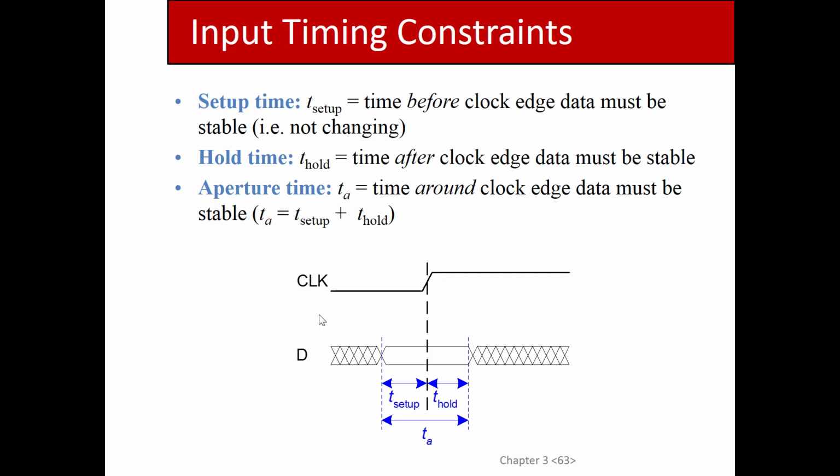If you break this rule somehow, sometimes it's unavoidable, which I'll get to in a minute, and you change D after the setup time and before the clock edge, or after the clock edge but before the hold time elapses, then it behaves unpredictably, right? And of course that can cause your circuit to behave unpredictably, which is a fault, it's a bug, right? You guys with me? Okay.